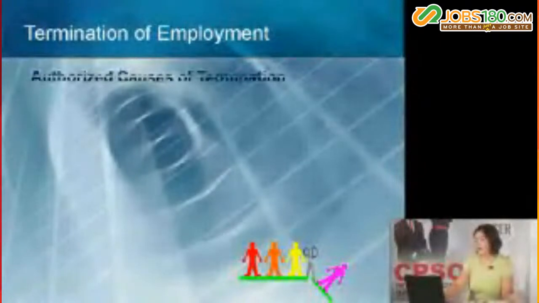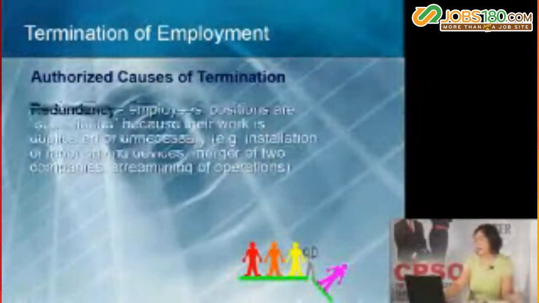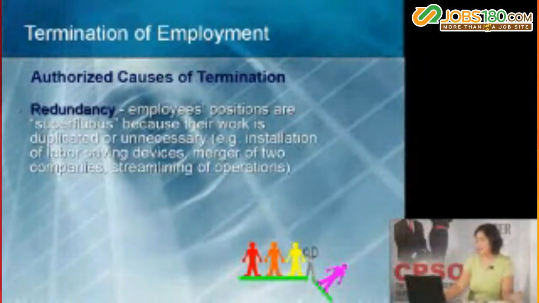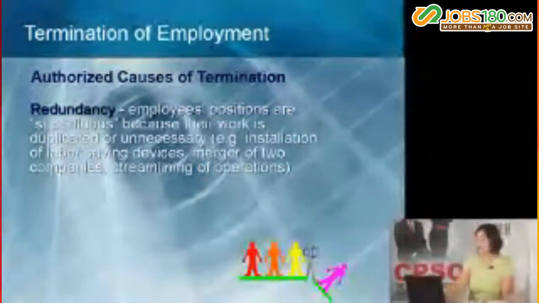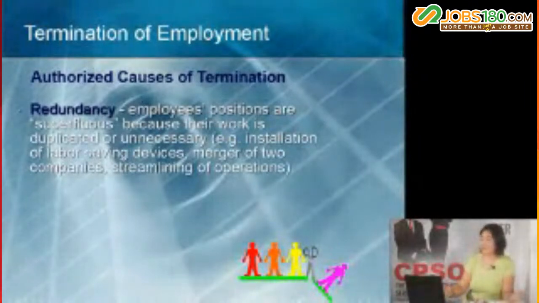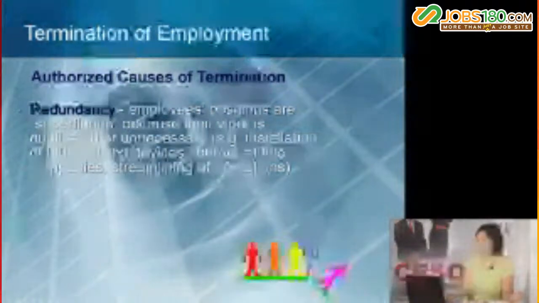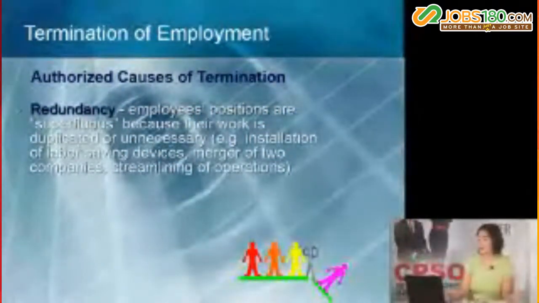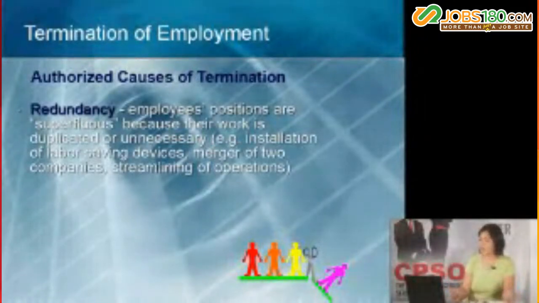So, under authorized cause of termination naman, ito naman yung authorized na pagtanggal sa isang empleyado. Una po is redundancy. Employees' positions are superfluous because their work is duplicated or unnecessary. Kaya mabawas dahil redundant na yung position. Okay, installation, ang example po dito, halimbawa, nag-install ng labor-saving device na imbes na dalawa ang magagawa ng trabaho, isa na lang.